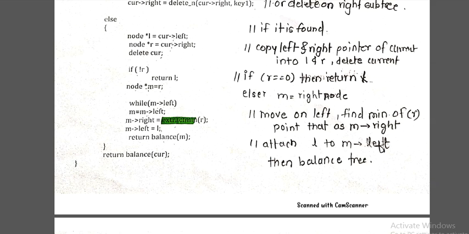After that we point R as M. M means we have created one node pointer M which is pointing towards R. If this if condition is not satisfied, then we use this: if R is not 0, then point M at R and move towards the left side. While M's left is not equal to 0, you have to traverse M to the left. You go to the extreme left, where you will find your minimum.